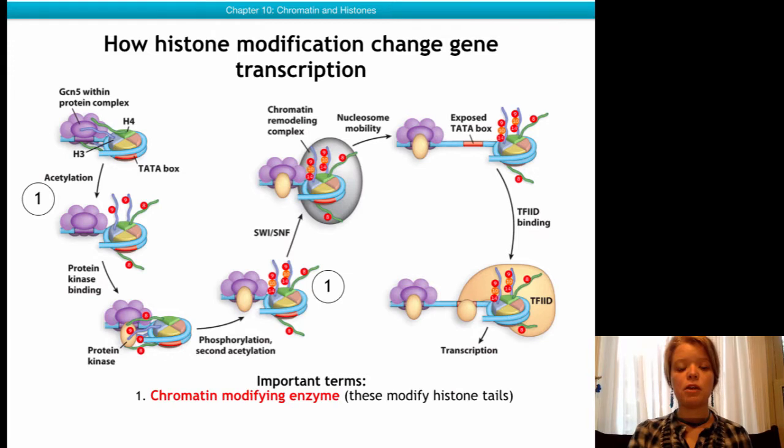So what happens? First, you will have one or even several chromatin modifying enzymes. They will modify the histone tails. They will either remove or, in this case, add different chemical modifications. The first step here is this GCN5 HAT, histone acetyltransferase, which came in and bound the lysine 9 of the H3.